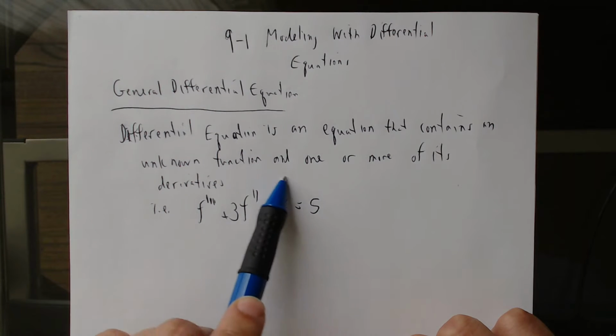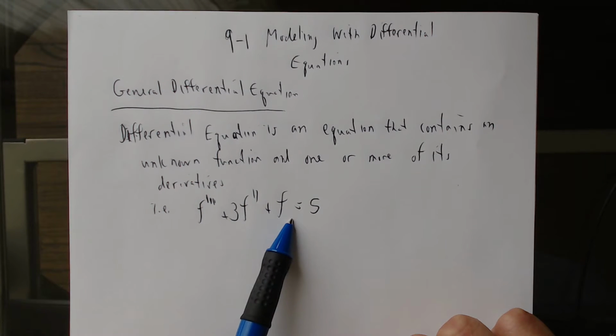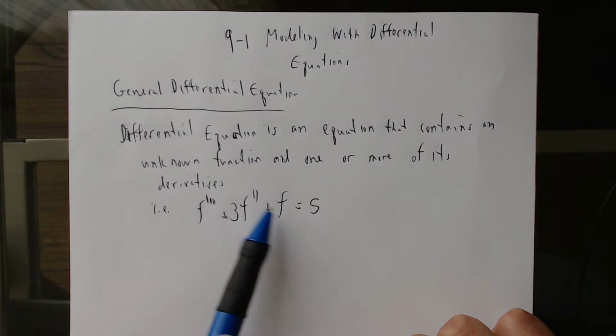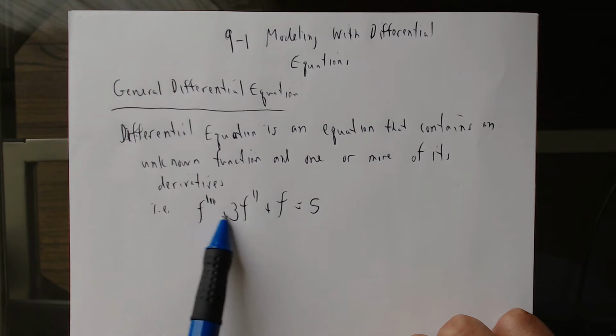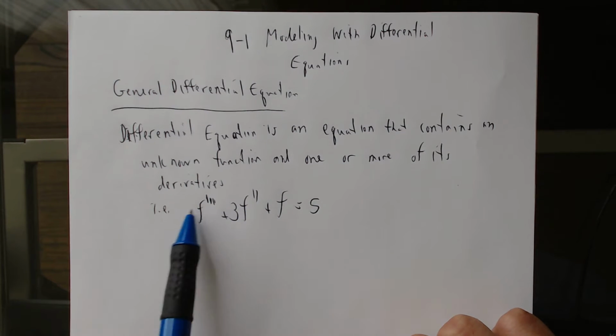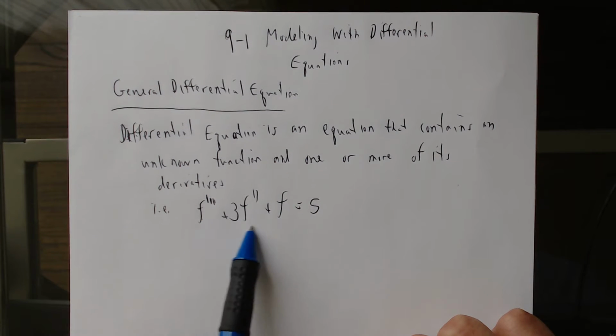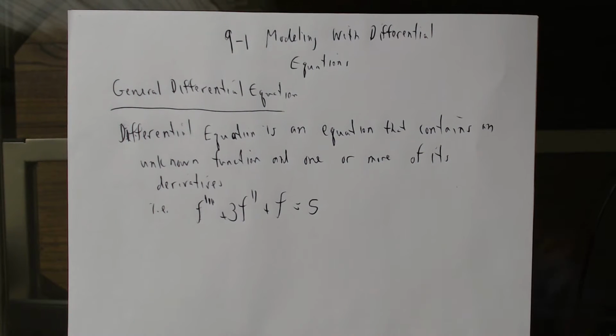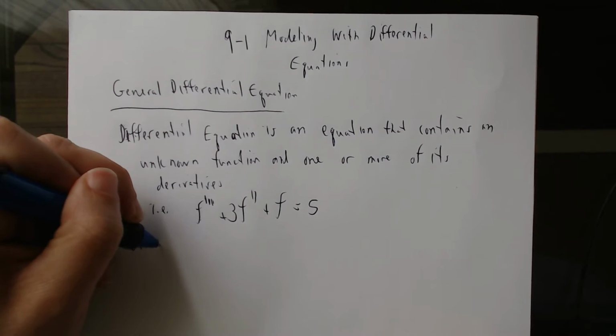So you're trying to find a function that satisfies this equation, and this is what a differential equation is. It's a function combined with its derivatives, and you want to find a function where this condition is satisfied. And to be honest with you, we've worked with differential equations in this class plenty, but we've worked with the most basic differential equations.